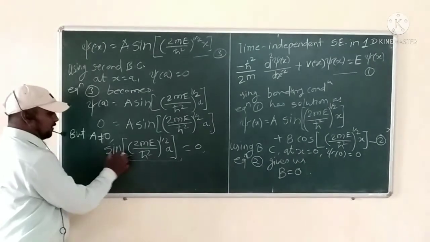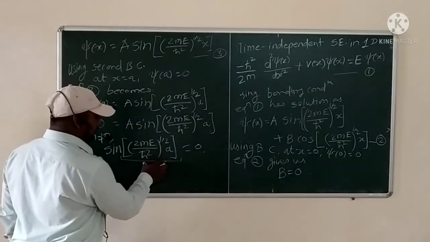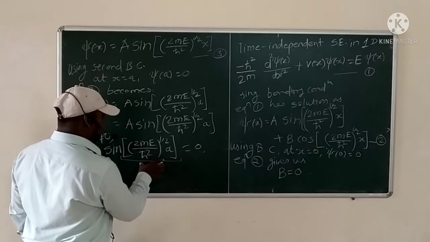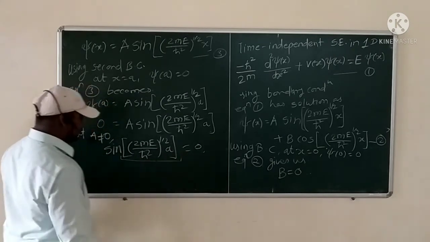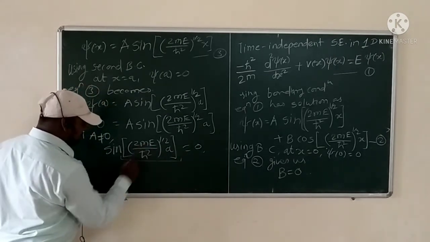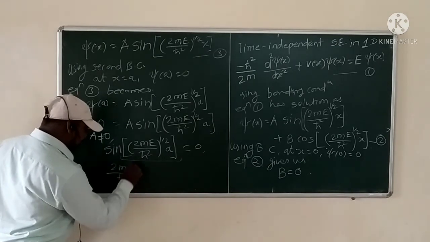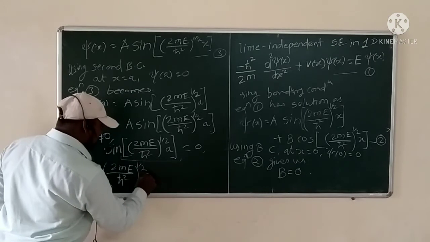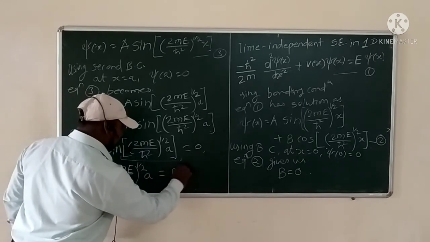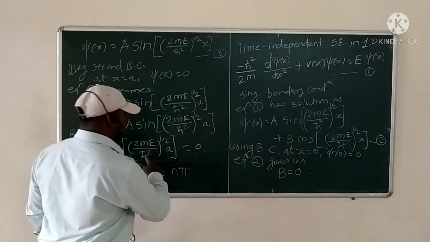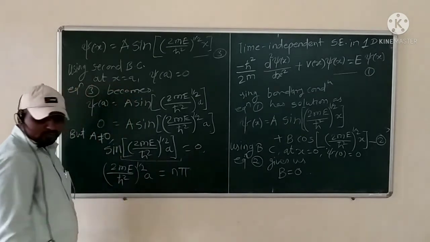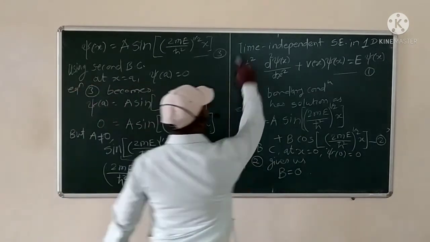The sin of all integral multiples of pi gives us 0. So we can put that the square root of 2mE by h cross squared times a must be n pi. Then and only then the sin of this quantity is equal to 0, right?